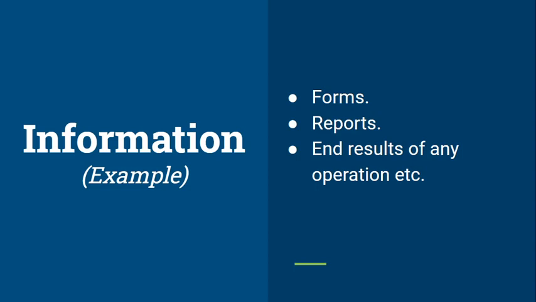Now this particular information can be further processed to get more and more meaningful information. So another important area for information is that information can be processed further to get more and more meaningful information.